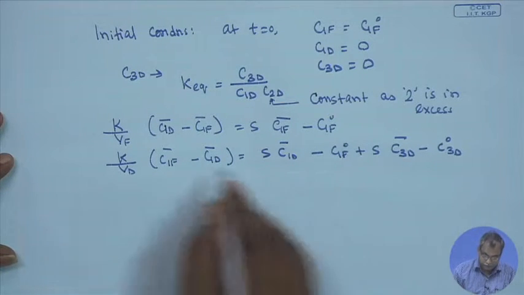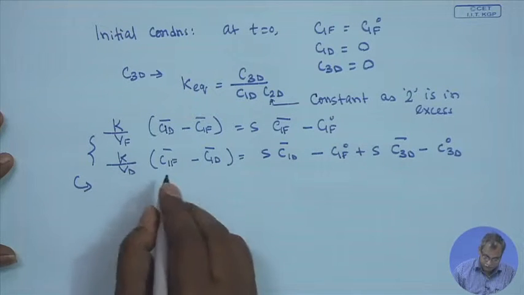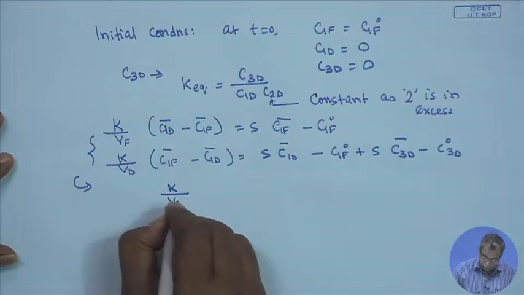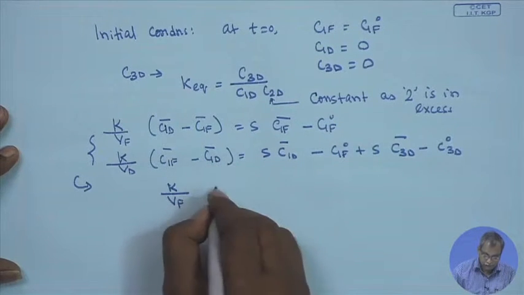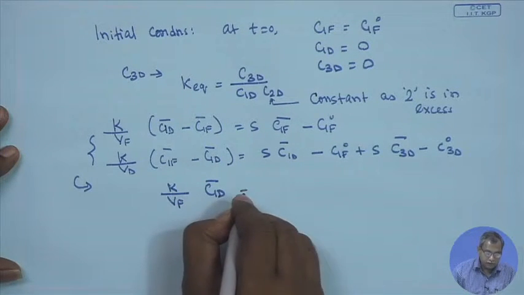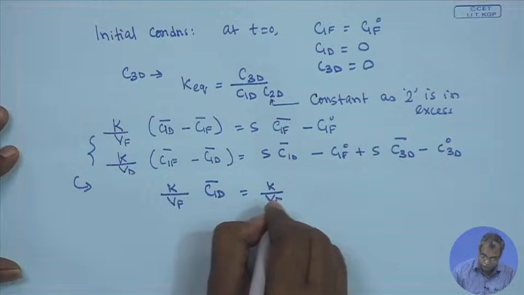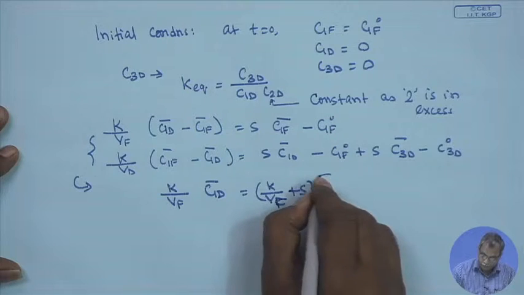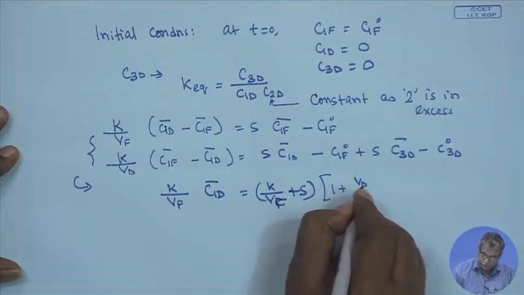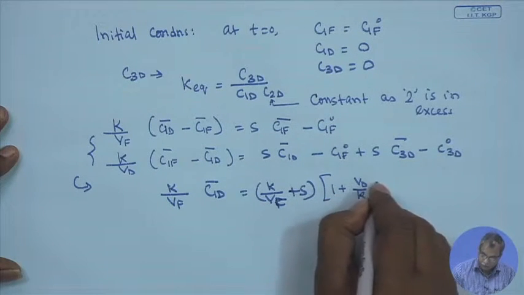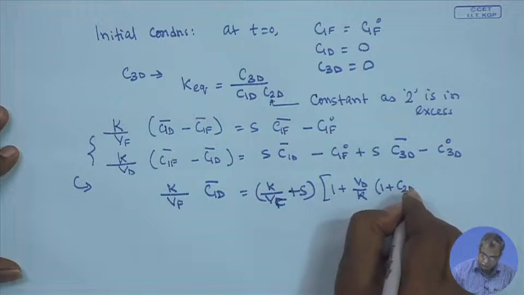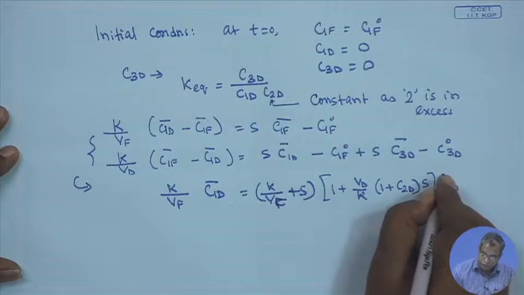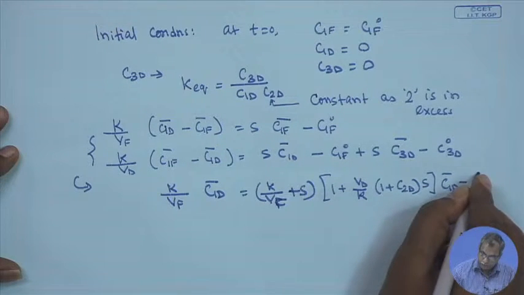So, from these two equations, we can write K by Vf C1d bar is equal to K by Vf plus S times 1 plus Vd over K times 1 plus C2d, C2d is a constant, times S C1d bar minus C1f naught.